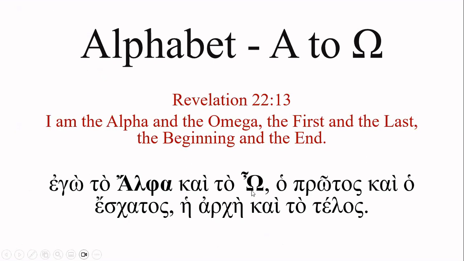Let's go ahead and try to read this together for practice reading Greek. Ego eimi to alpha kai to omega, ho protos kai ho eschatos, he arche kai to telos. Let's read it again.